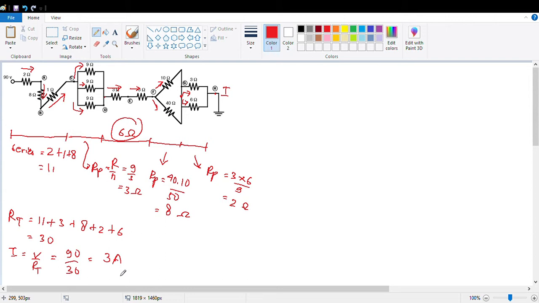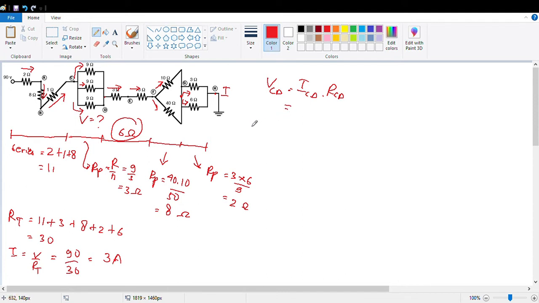Okay, the next: calculate the potential difference in junction CD. So this one, right? The V. How to count it? Easy. V CD will be the same as I at CD times R at CD, right?